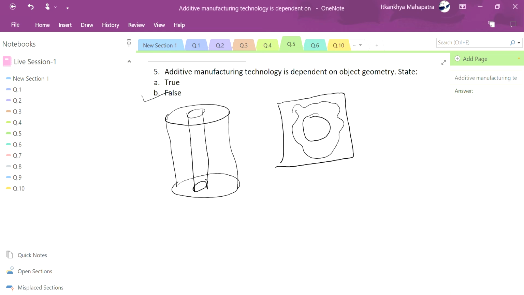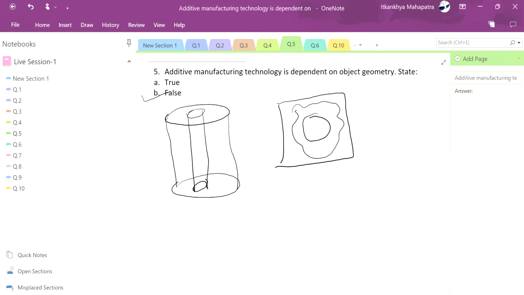Here layer by layer manufacturing or slicing of layers is done.